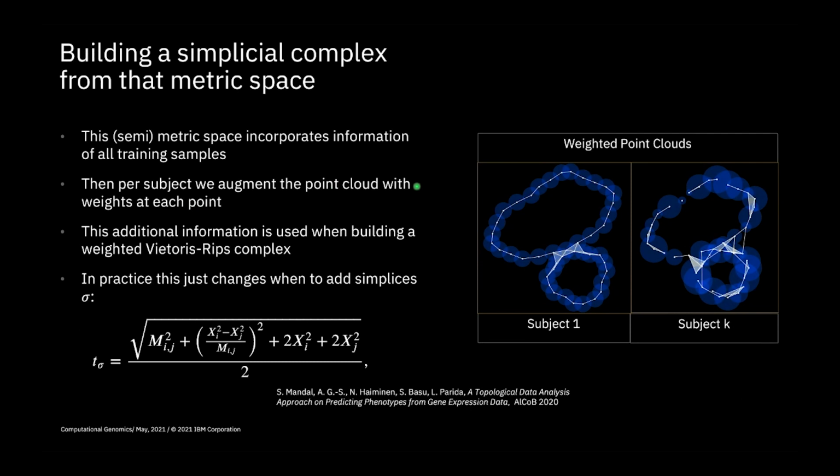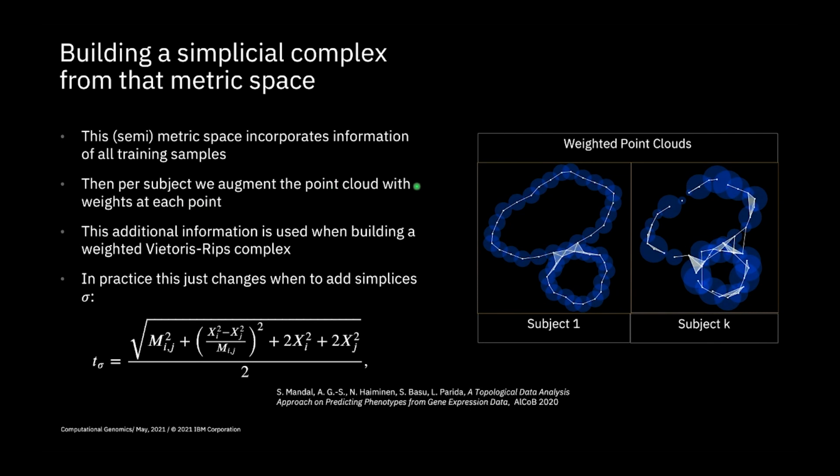The weight depended on how much that gene was expressed in that particular subject, right? So a gene that wasn't expressed a lot has a small weight, that kind of thing.